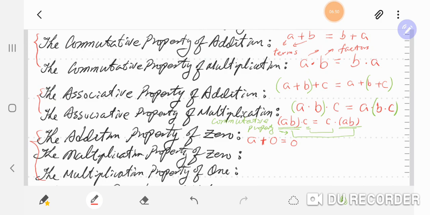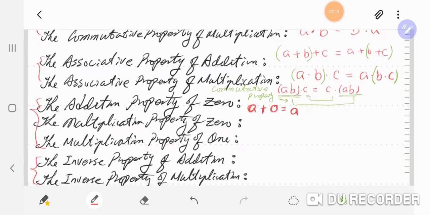Whenever you add 0 to a number, the result is always the number itself, A.